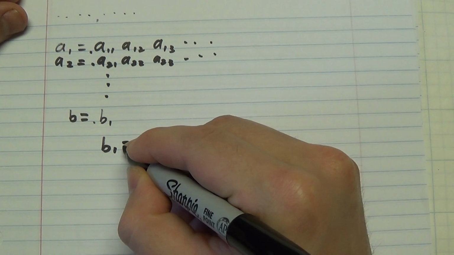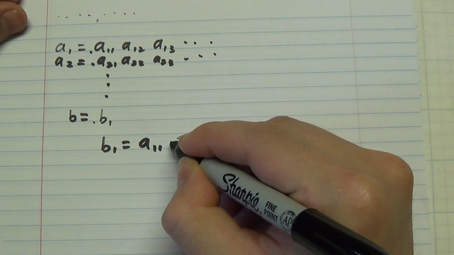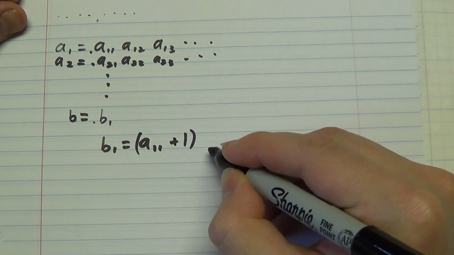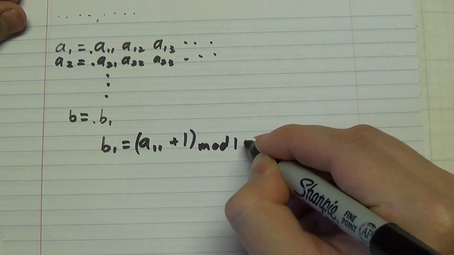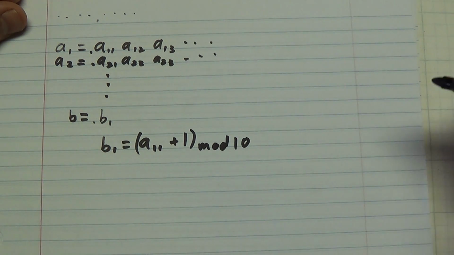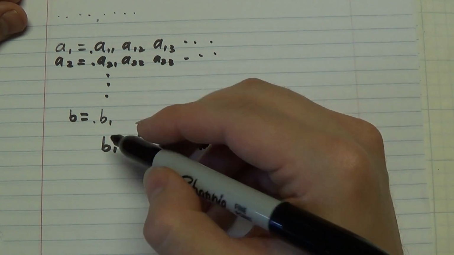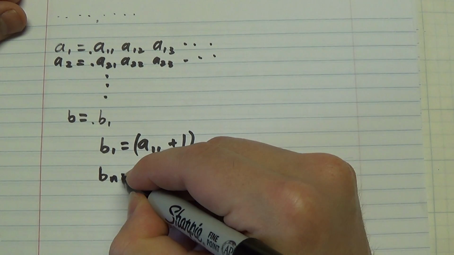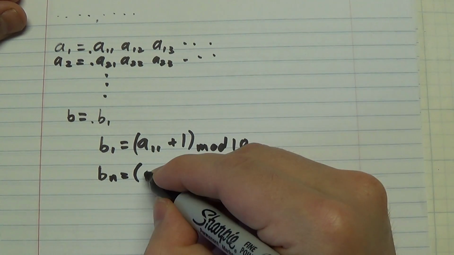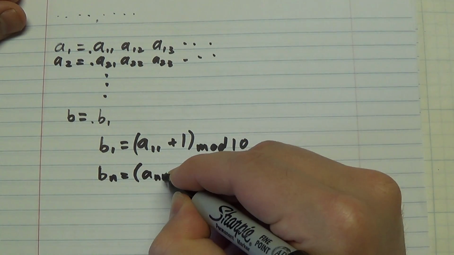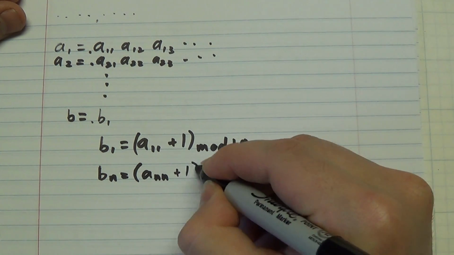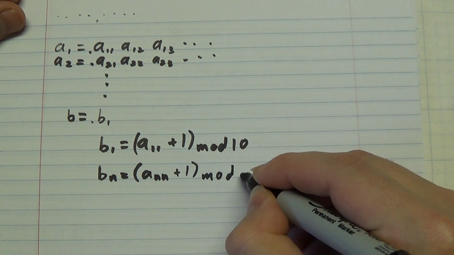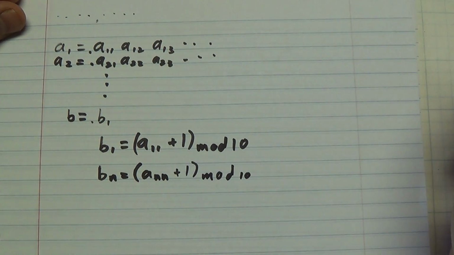B1 is equal to A11 plus 1 modulo 10, so a 9 rolls back around to 0. And in general, I'm going to knock on the nth door, ask the number, what's your nth digit, add 1 to that, and roll 9s around to a 0.